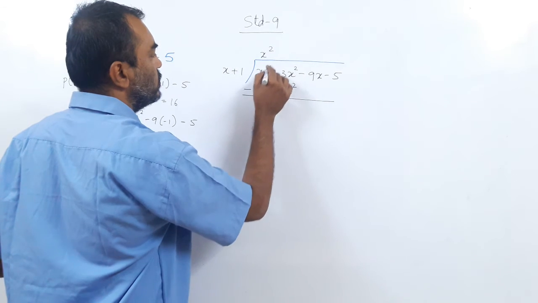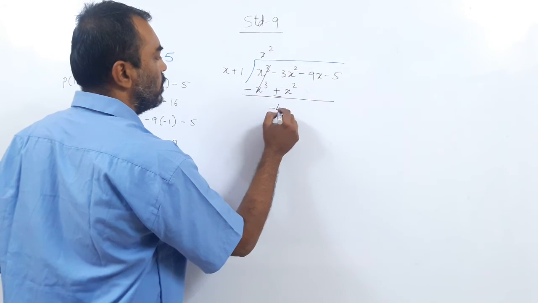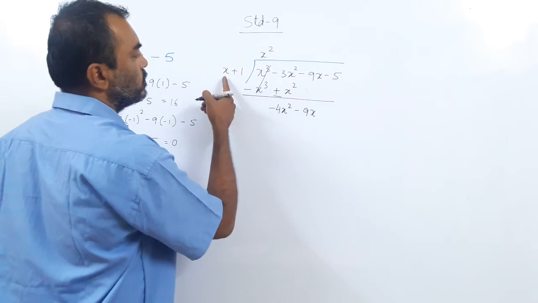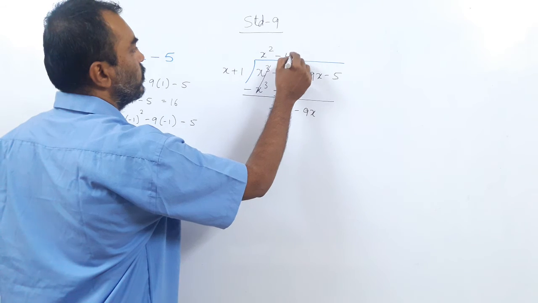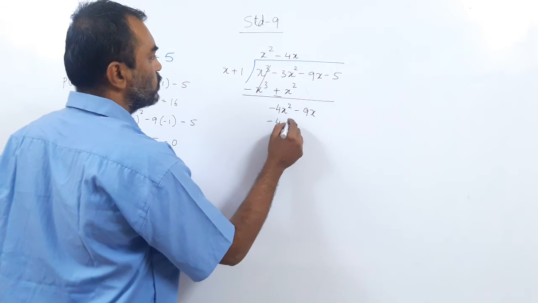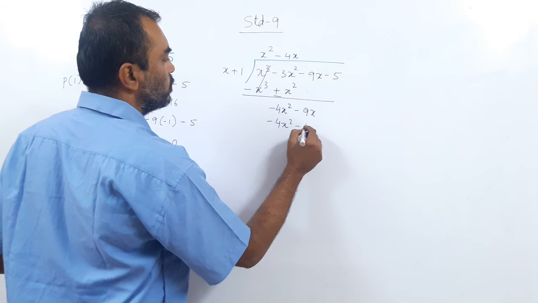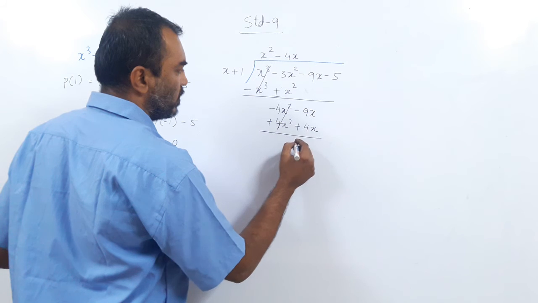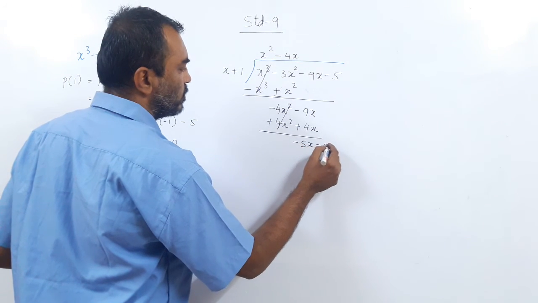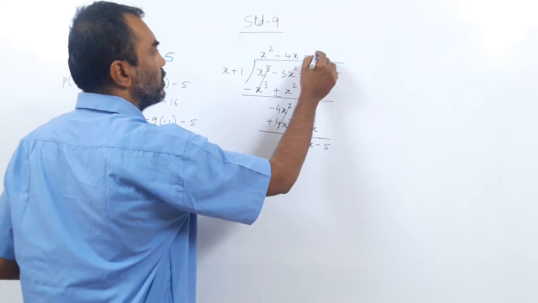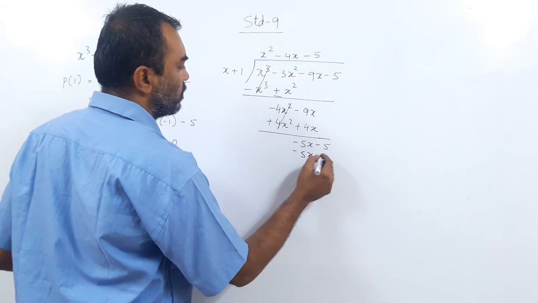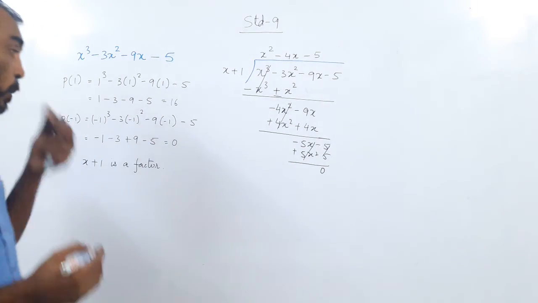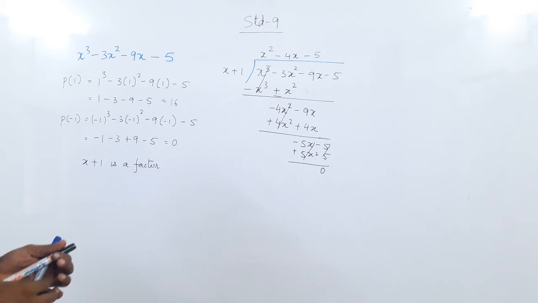Subtract, signs change, minus 3 minus 1, minus 4x square, minus 9x comes down here. x into minus 4x gives me minus 4x square, 1 into minus 4 gives me minus 4x, signs change, minus 9 plus 4, minus 5x, minus 5, put a minus 5 here. So minus 5x minus 5, on subtracting signs change, 0. So the second step is also done.